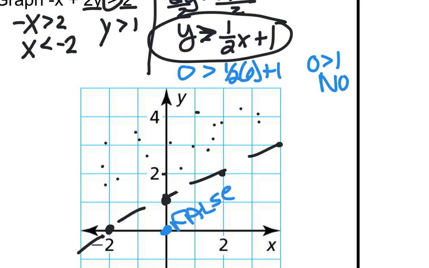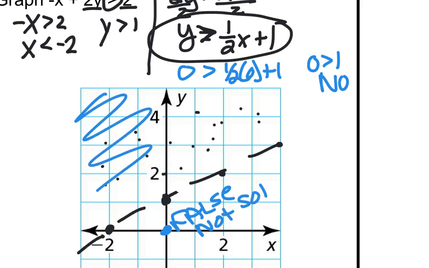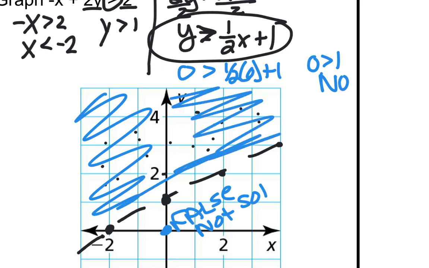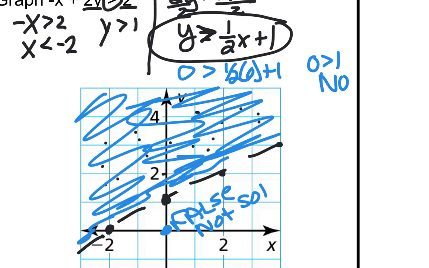Everything on this side's not a solution. And everything on this side is a solution. So I would shade everything over here up to the line. Now, if it's on the line, like that point 0, 1, that would not be a solution. It doesn't include the points on the line. Okay?